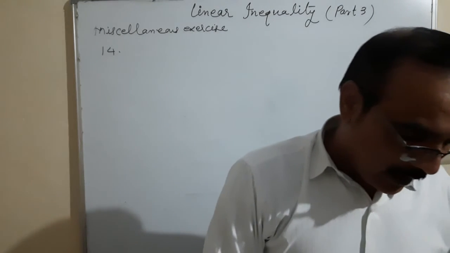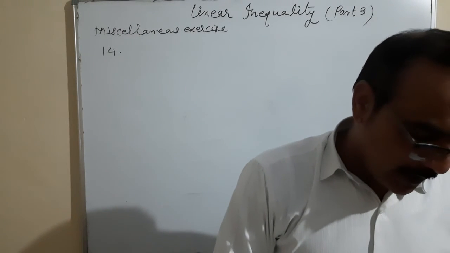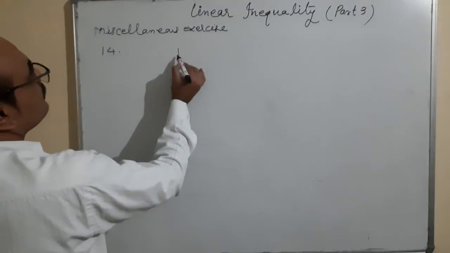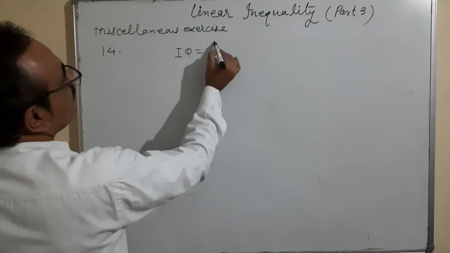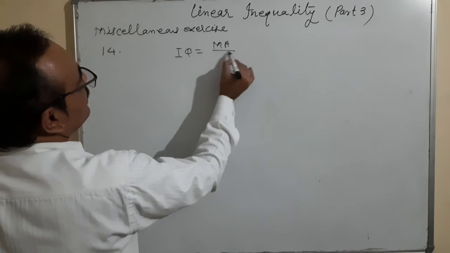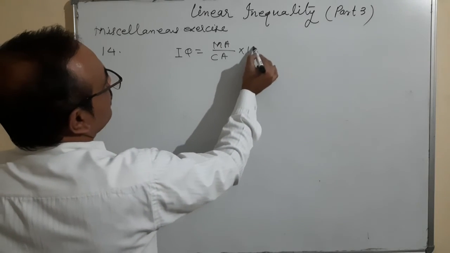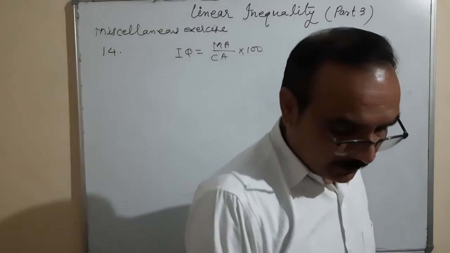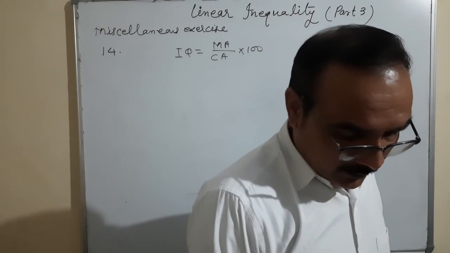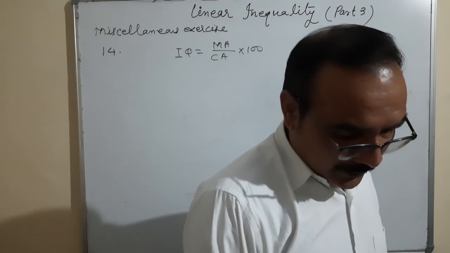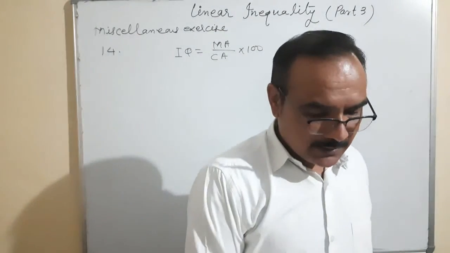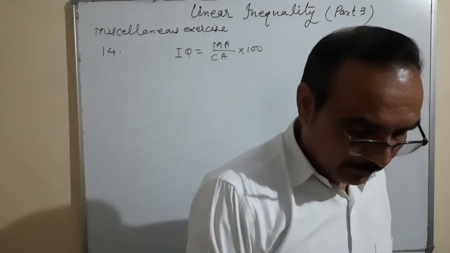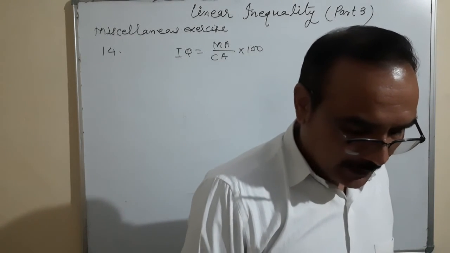IQ of a person is given by the formula IQ is equal to MA upon CA multiplied by 100. IQ, intelligence quotient, where MA is mental age, CA is chronological age, and multiplied by 100 for finding the percentage.